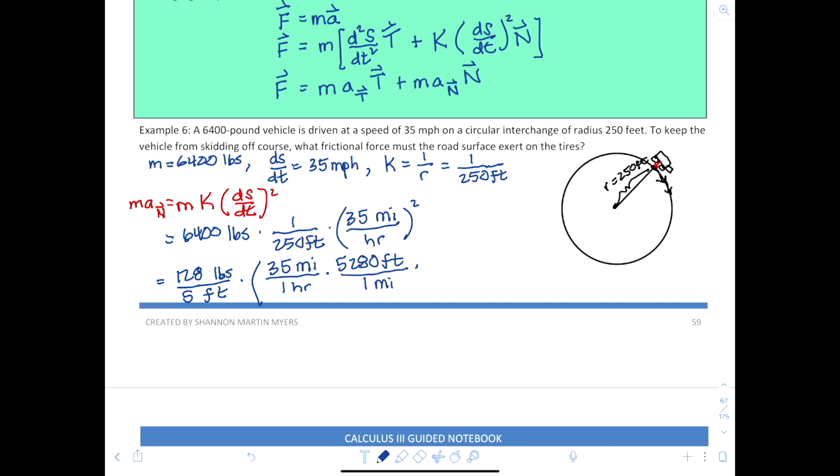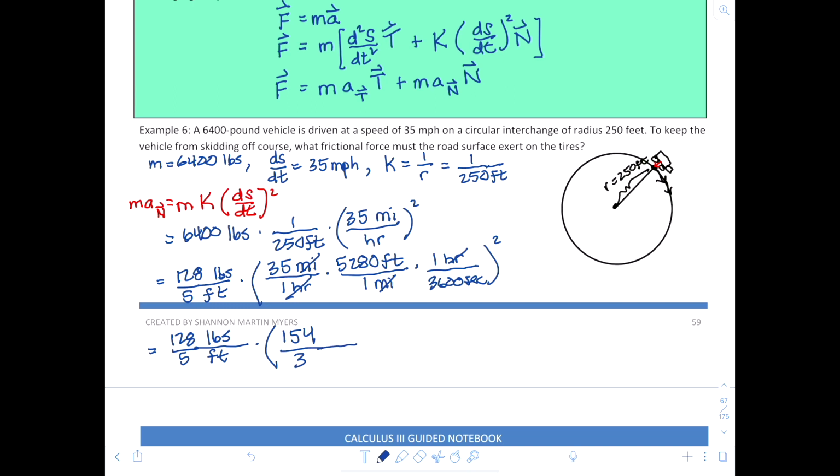And then per every 1 hour, there are 3,600 seconds. And that part's all squared. So we will end up getting 128 over 5, and again, that is pounds in the numerator, feet in the denominator, times, inside here, this reduced to 154/3.